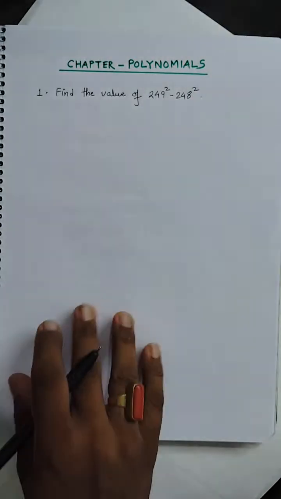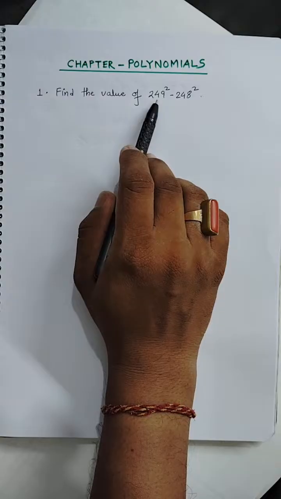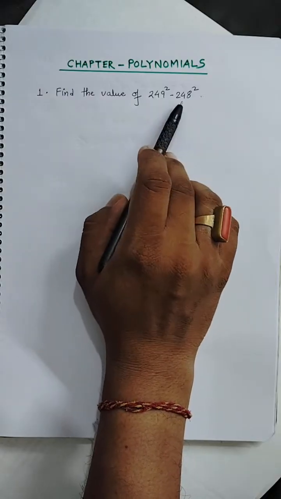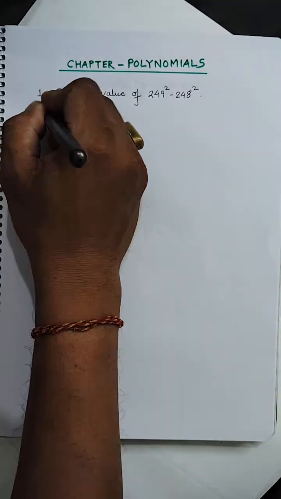So we will not solve this question directly. That means we are not going to square up 249 and then square up 248 and then subtract. We are going to use our identities here.